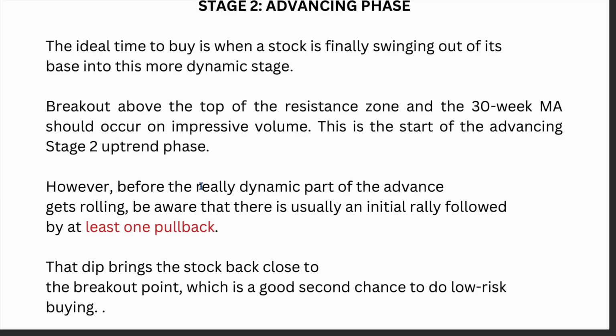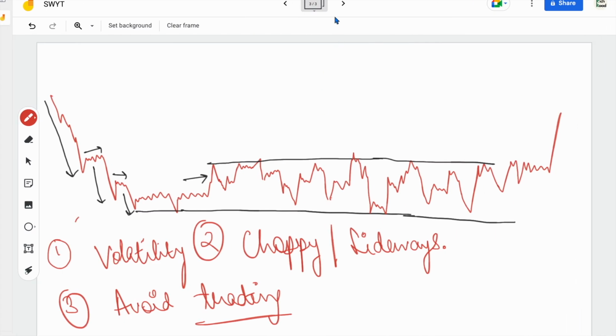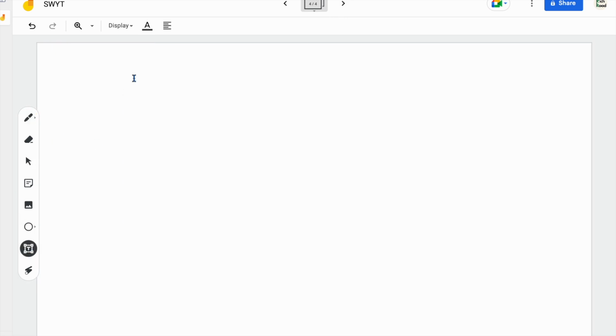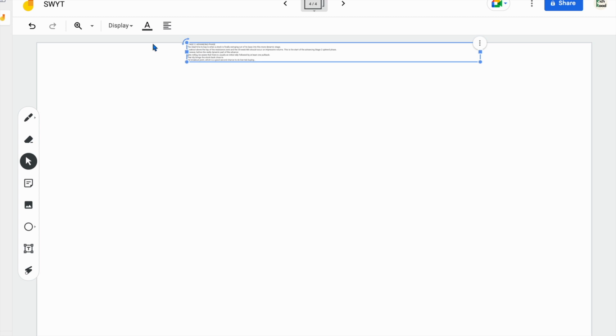Now let's move on to something called stage 2, advancing phase. And this is very important because this is where all the action happens. So let's take all the data from here to our whiteboard and paste it and read about it. That's what he's trying to say.